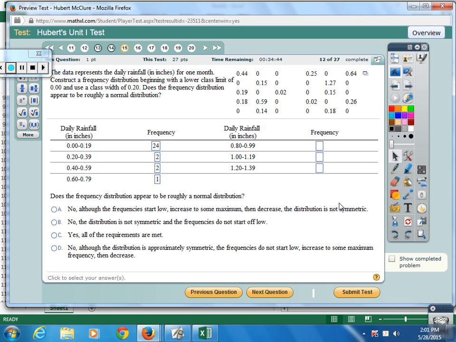And then the next two is 0, 0, 0, and 1. And that's all you do. Is this a normal distribution? Well, no. It starts off with the highest number. So it's either A, B, or D. B. Do not start off what? Good job.